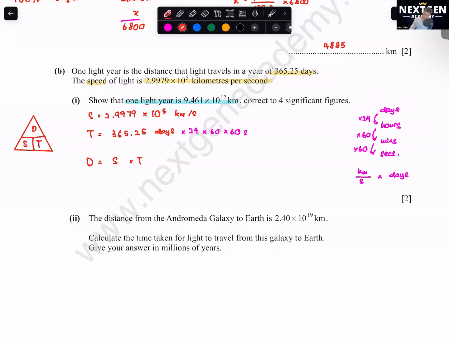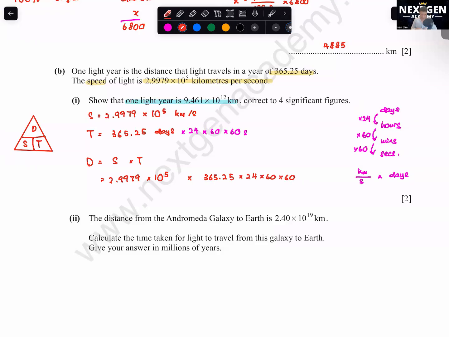Okay, now we put into the formula. So 2.9979 times 10 to the power of 5, this is my speed, multiplied by 365.25 times 24 times 60 times 60.